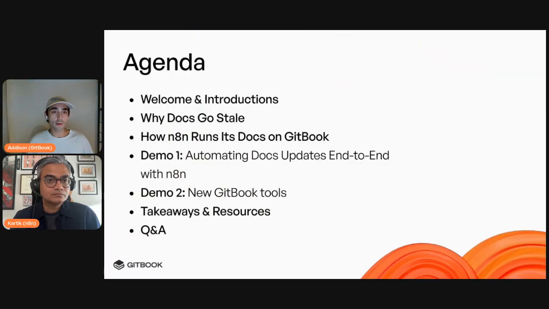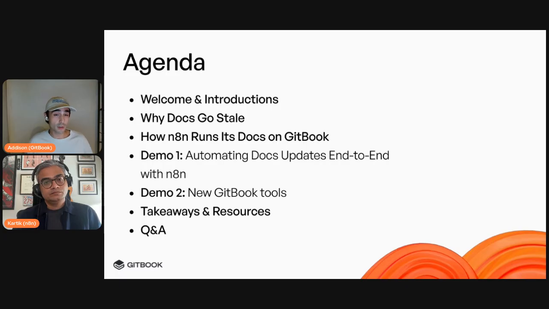But a quick agenda, we'll take a look at a few different things here. We've just gone through some introductions and welcome, but we'll take a look at why docs go stale and the problem that a lot of docs teams are facing. And then we'll hand it over to Karthik, and he'll run us through the n8n workflow and how they run their docs on GitBook and how they manage all of these different updates, especially in today's age when teams are making updates to the product what feels like almost every hour.